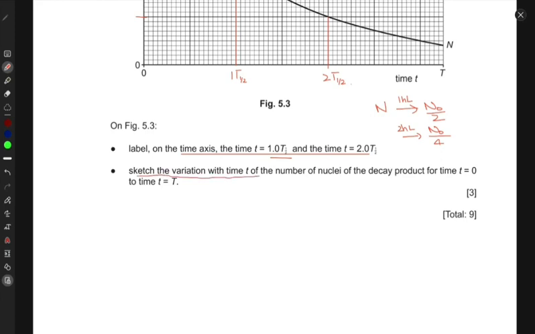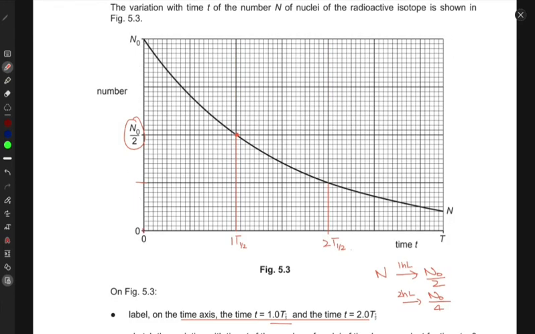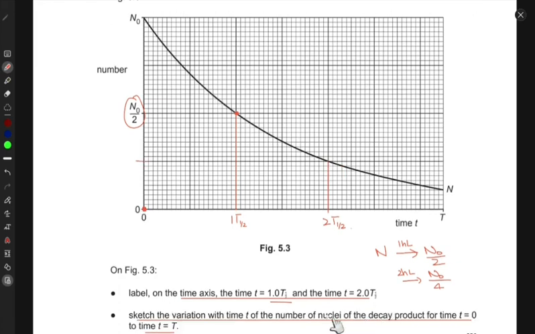Next, they say sketch the variation with time t of the number of nuclei of the decay product for time t equals 0 to time t equals t. So at t equals 0, we'd have 0. Why? Because these are the number of nuclei of the decay product. So at t equals 0, we don't have any decay, right?